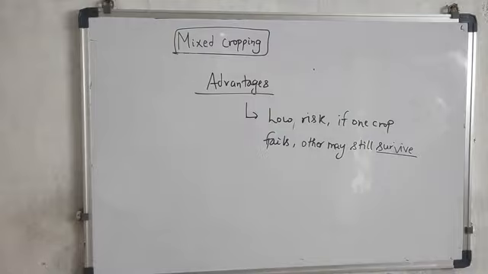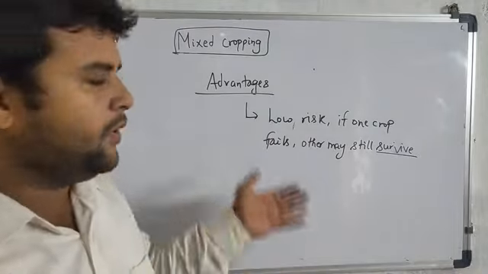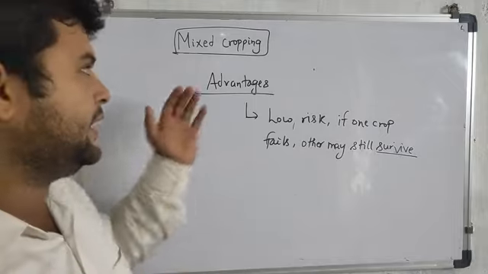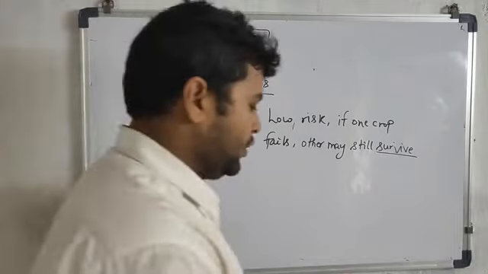Okay, so note it down that whenever any crop fails, there is another crop that will survive in that condition. So these are the advantages of mixed cropping. Note it down.